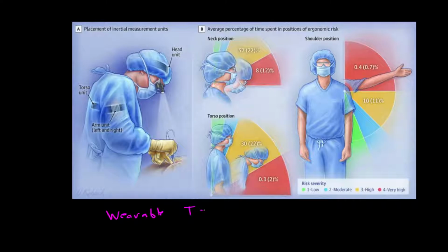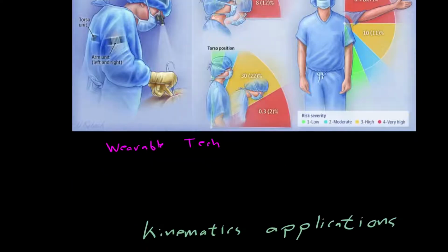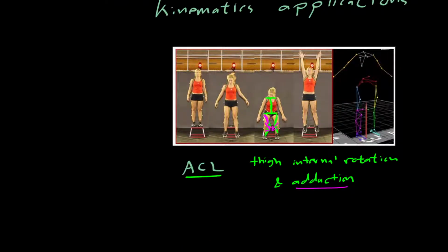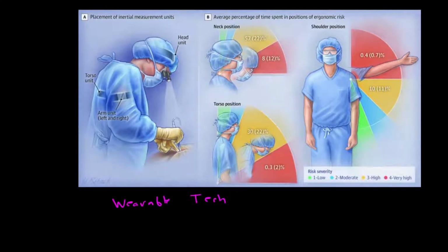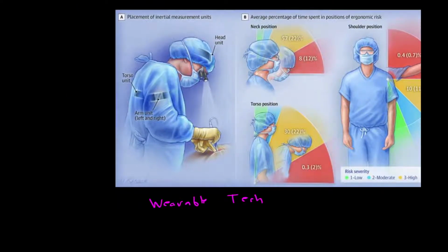This wearable tech stuff. Normally, in the ACL example, we had cameras and retroreflective markers because to measure the orientation of the knee joint, we needed to measure the orientation of the thigh, the orientation of the tibia, and also the orientation of the pelvis, right? Well, one thing you can do today, thanks to technological advancements, is put these little devices onto different segments of the body.